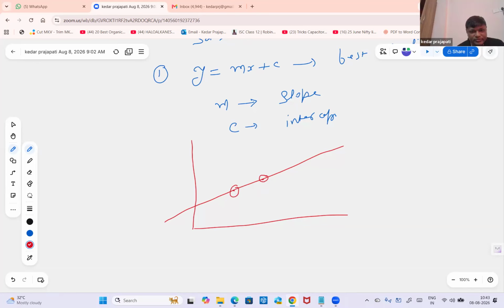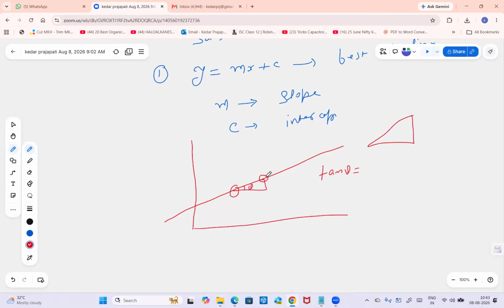So slope will be like this. If you draw a triangle here, this theta will be the slope. So tan theta in this triangle, suppose this is point A, B, and drawing ABC. This is theta.